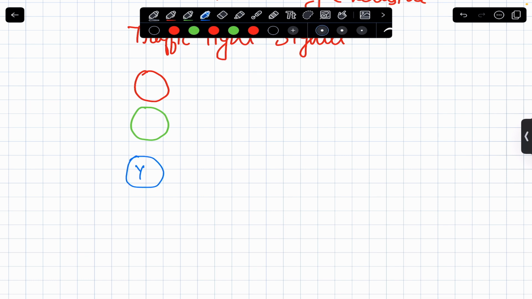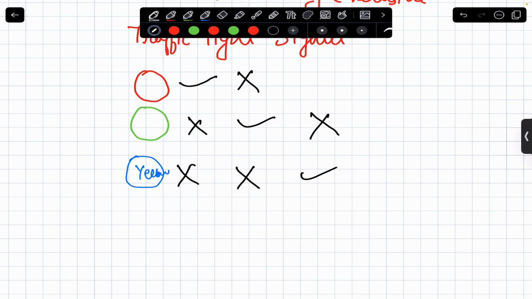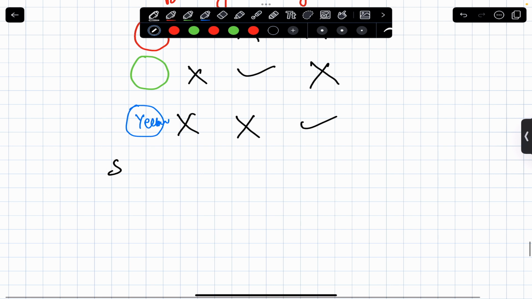If there is a red light, you cannot have a green or a yellow light. If there is a green light, you cannot have a red or a yellow light. And if there is a yellow light, you cannot have a green or a red light. So we have a sample space of red, green, yellow.